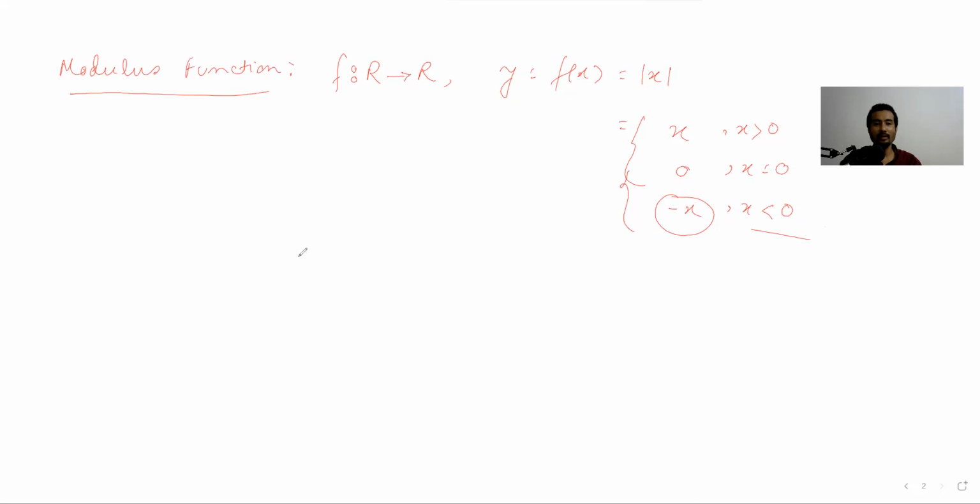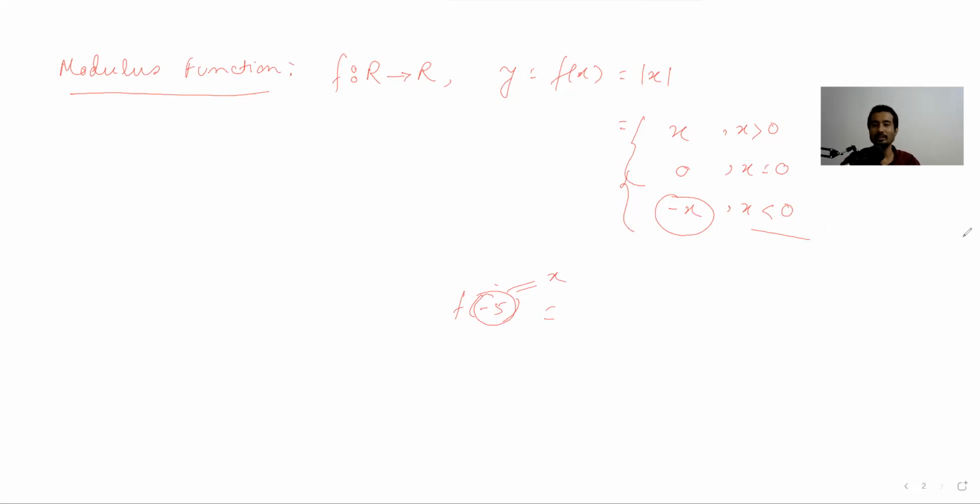Suppose I want to find the image of -5. Here, what is the value of x? x is -5. x is negative here. And as we know that the modulus function means the magnitude, the numerical value, since x is negative, to make it positive, what should be done?